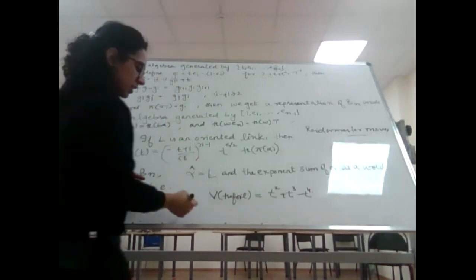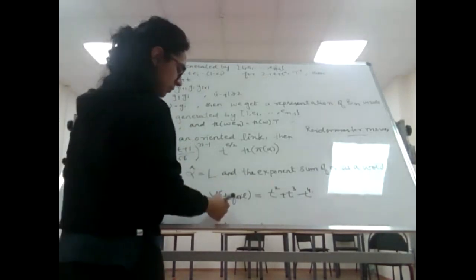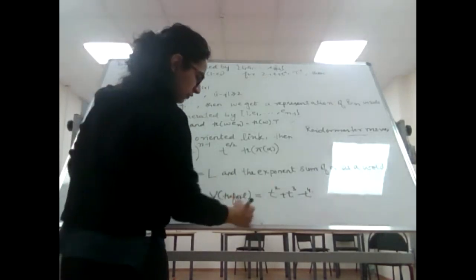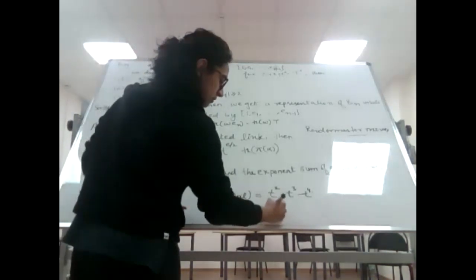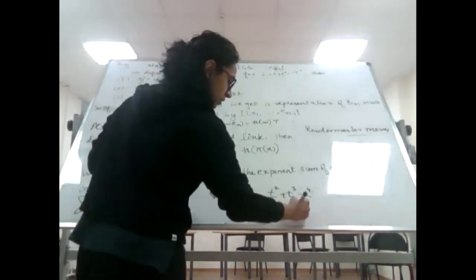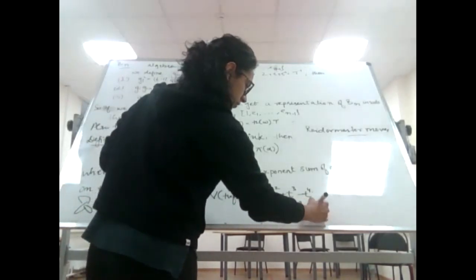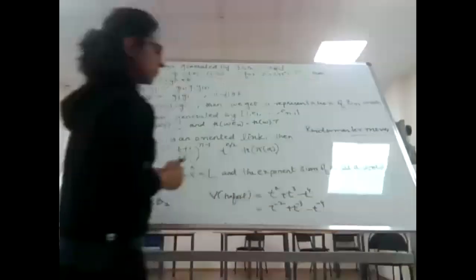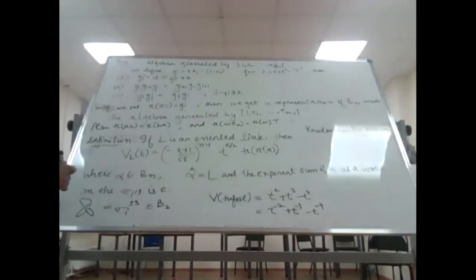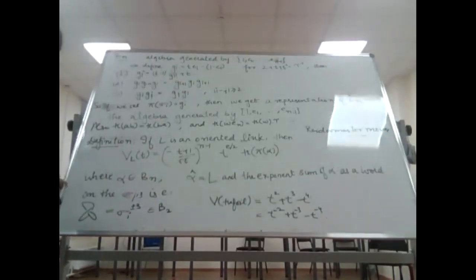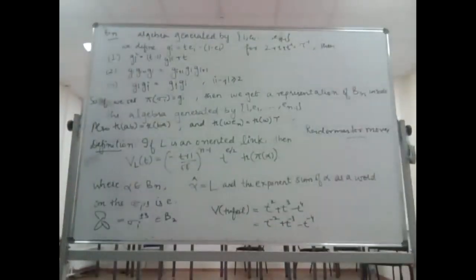This is for the right trefoil, and for the left trefoil, it is done by the variable change to the inverse of t. Yep, and that's it. We have obtained the polynomial.